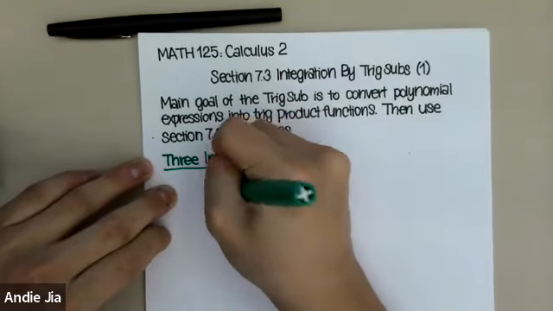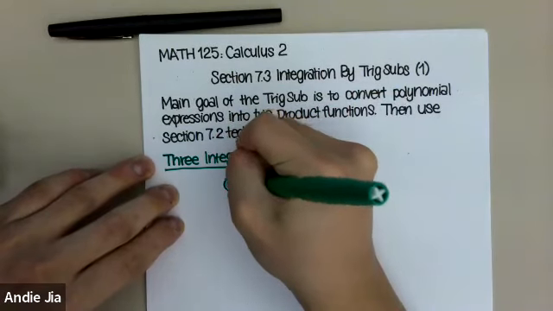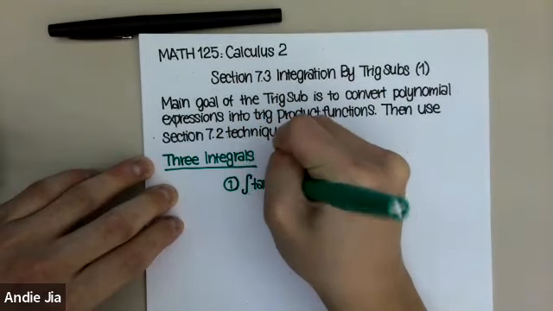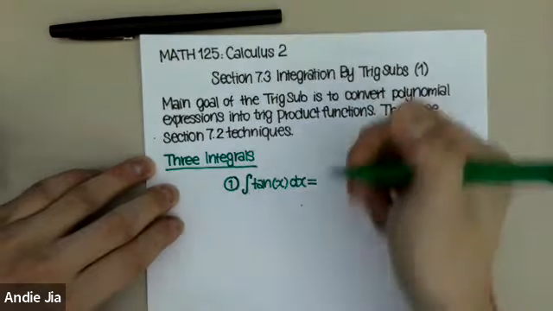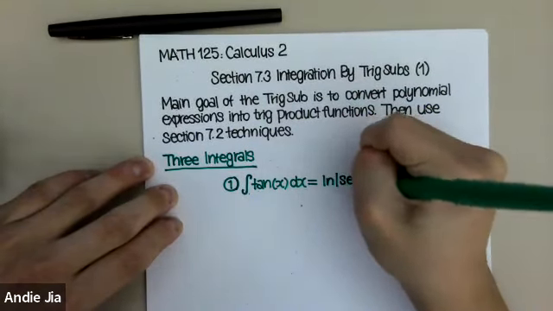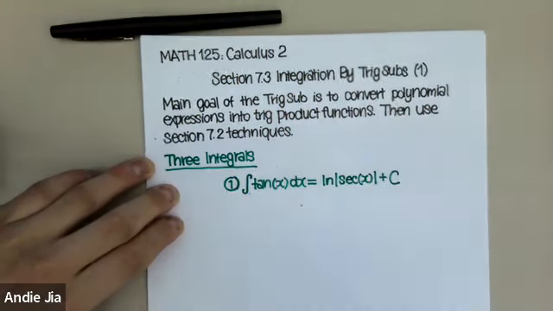Number 1: the integral of tangent of x dx is the natural log of secant of x, plus the constant of integration.